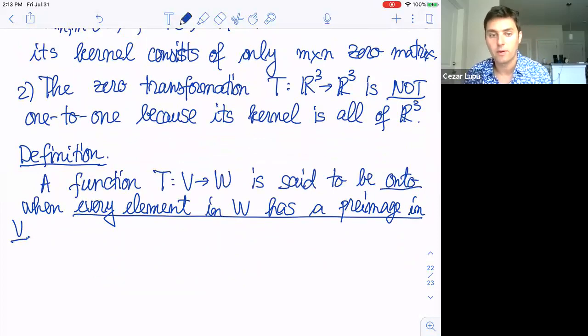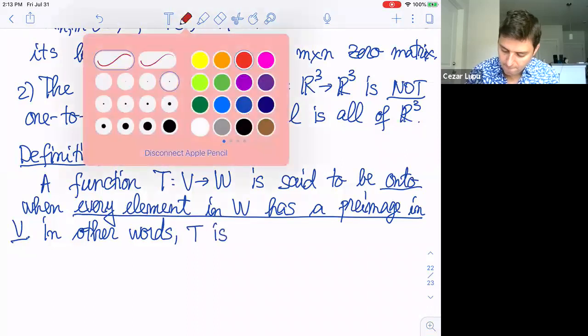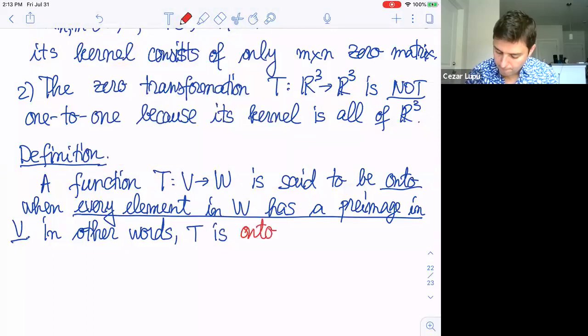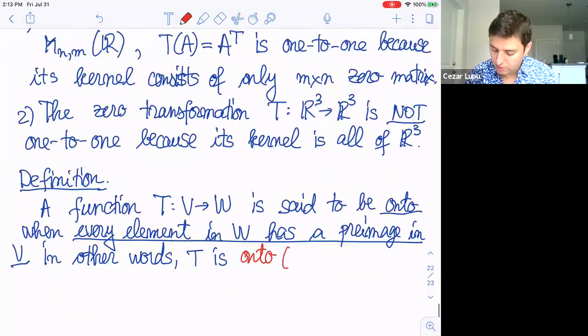This is very important. In other words, T is onto, or sometimes it's called surjective.